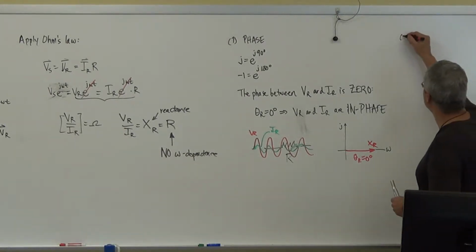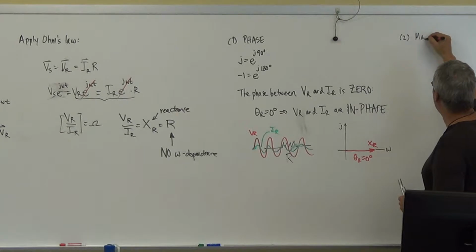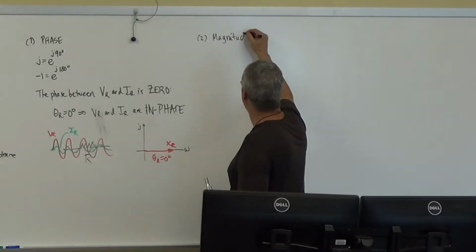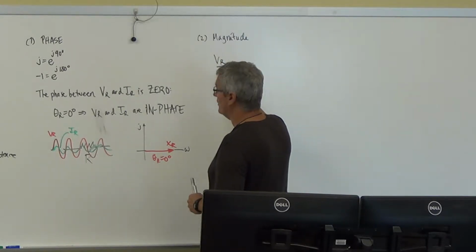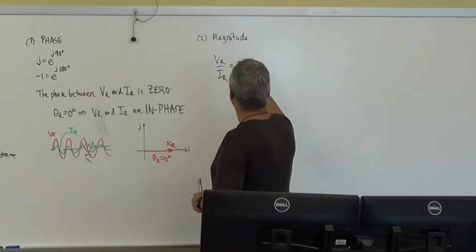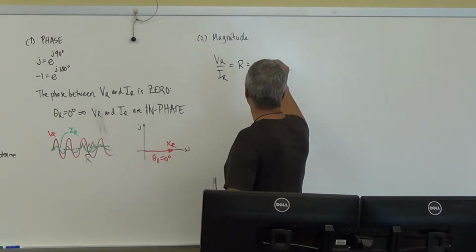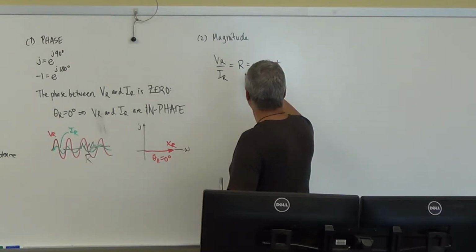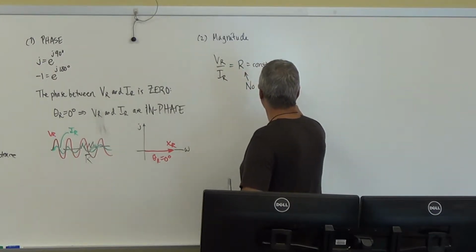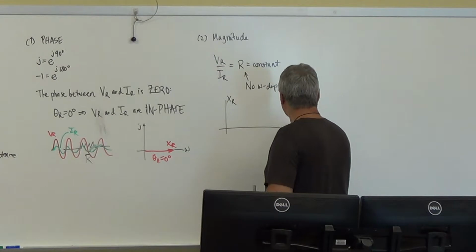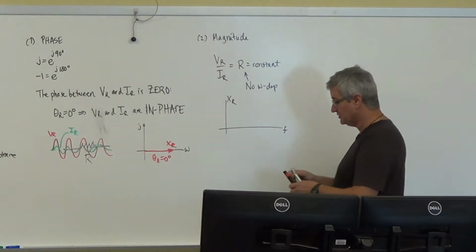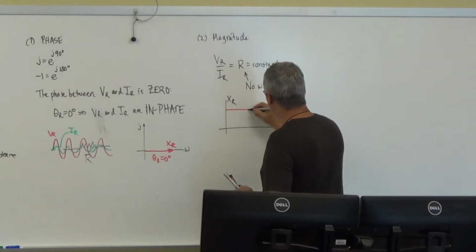And the other thing we should say here is, let's talk about the magnitude. The magnitude says that VR over IR, this R here, is a constant. And what I mean by a constant here is that, like I said, there's no omega dependence. And so if I were to plot XR as a function of frequency, we would see that this guy is a constant.